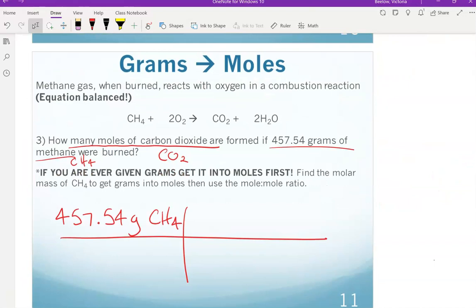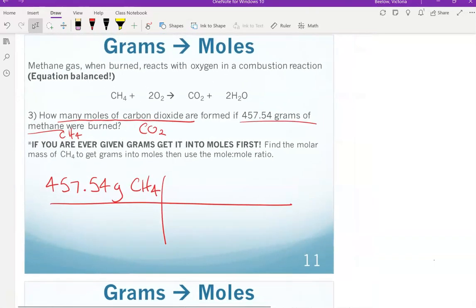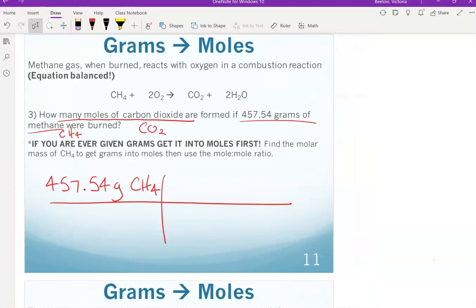Well, we need to get into moles first, so then we can use the balanced equation to convert from one substance to the other substance. However, since I'm starting with grams first, I need to get grams into moles, and I do that by finding molar mass, okay? So I'm going to have to calculate the molar mass of CH4. So all I'm doing is converting grams into moles by finding molar mass.